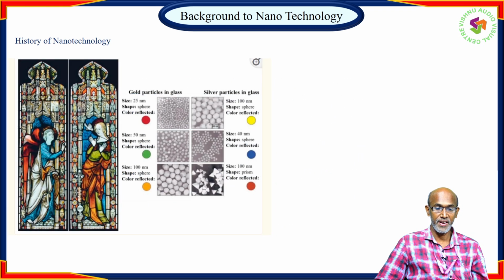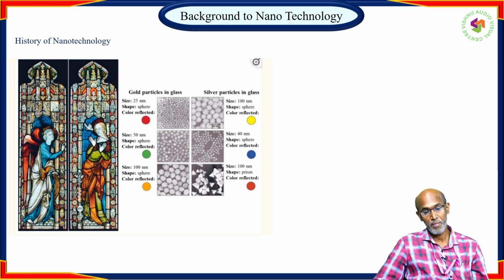So the gold particles in glass, if their size is 25 nanometer, the color reflected is red, and if the size is around 50 nanometer, the color reflected is green, and if the size is 100 nanometer, the color reflected is yellow.